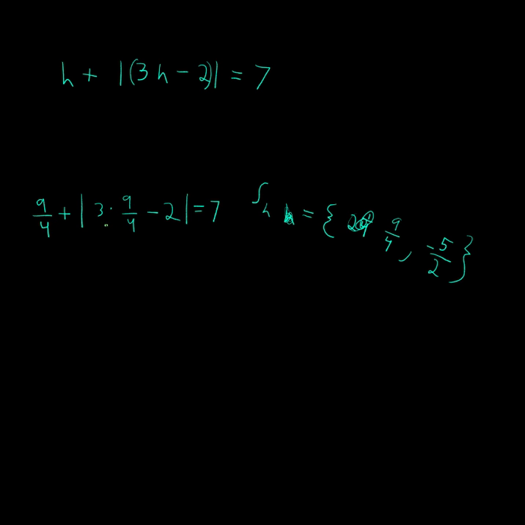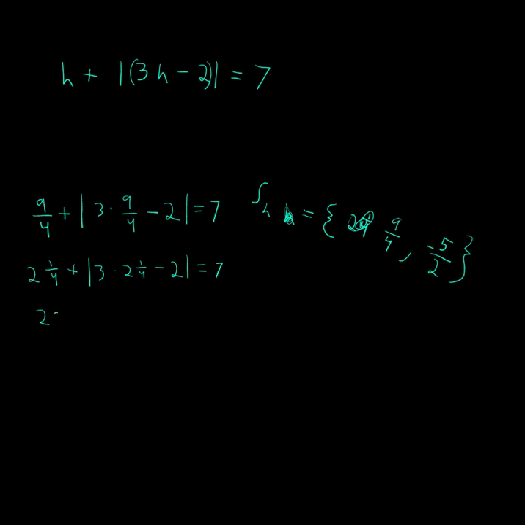Now, let's convert 9/4 to a mixed number, and so that would be 2 1/4 plus the absolute value of 3 times 2 1/4 minus 2 equals 7.